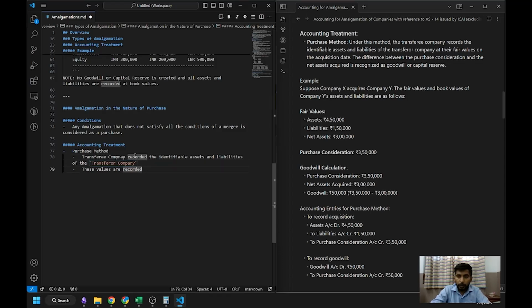These values are recorded at their fair value on the acquisition date.